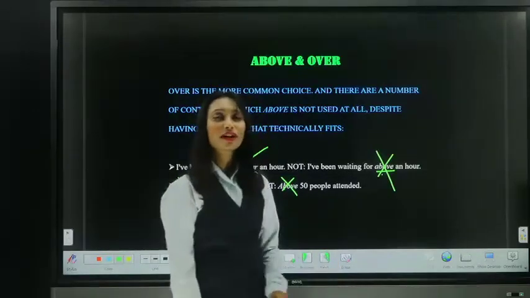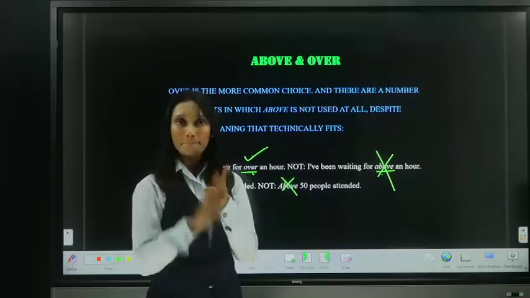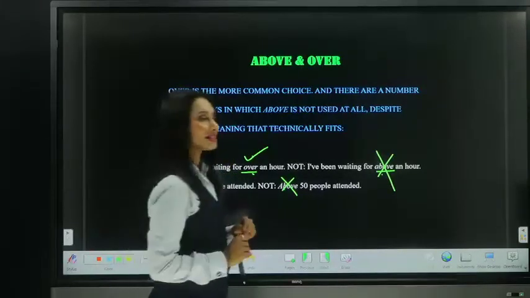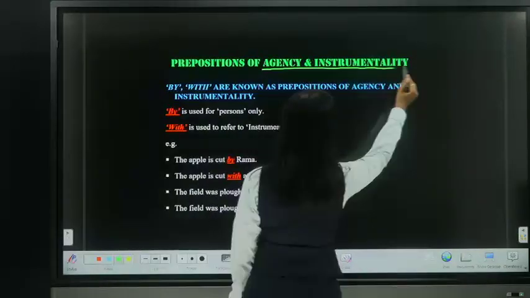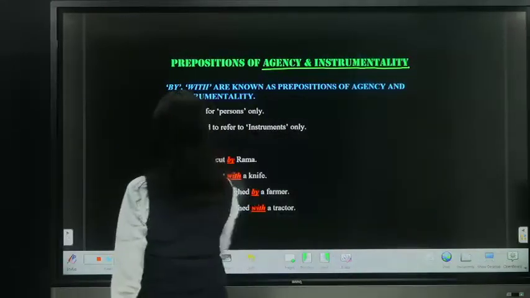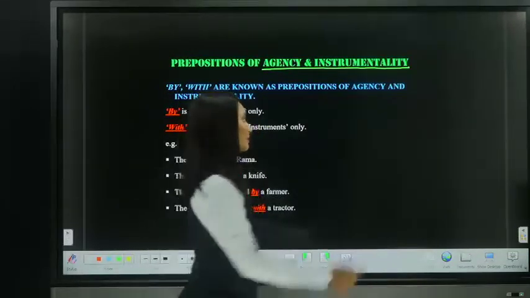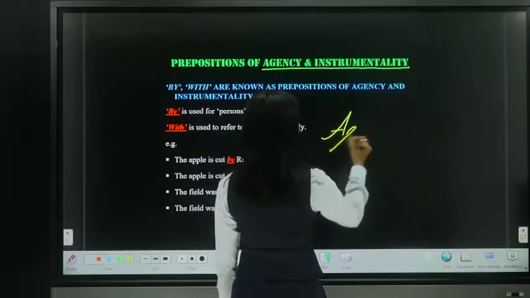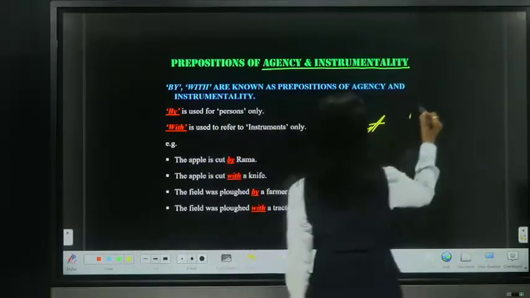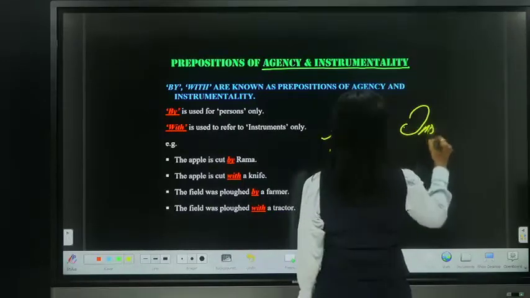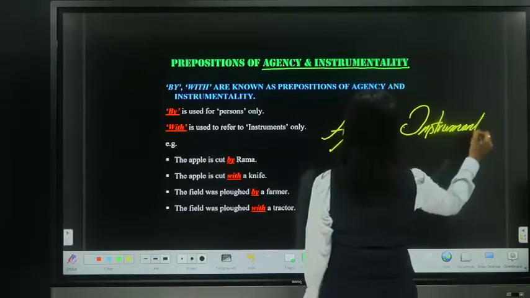So we have so far discussed prepositions of time and prepositions of place only. Now let's see the next one, prepositions of agency and instrumentality. What is meant by agent? What is meant by instrument? Agency is nothing but denoting an agent, and instrumentality is nothing but an instrument.